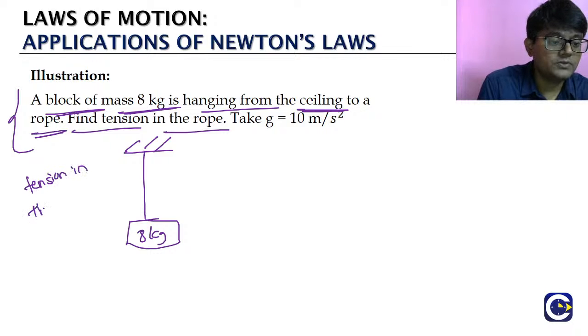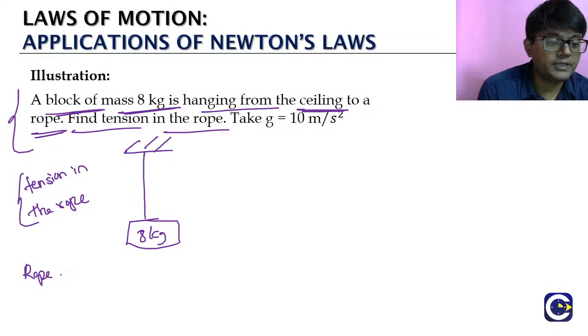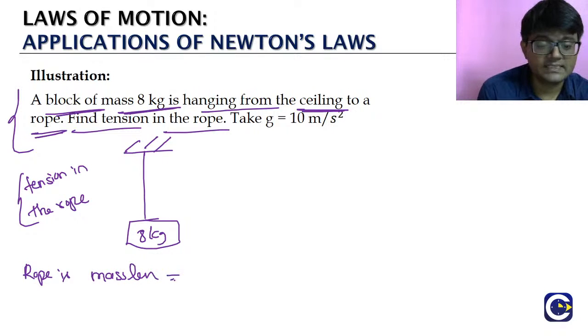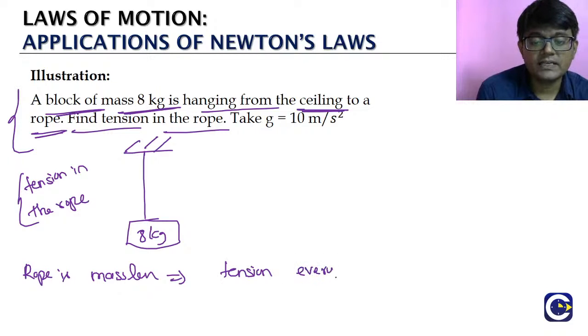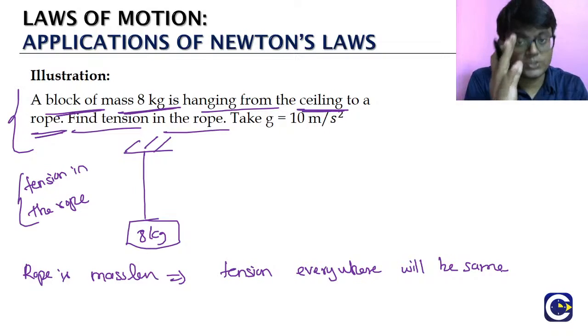So remember, when we talked about the rope assumptions, we said that if the rope is assumed as massless, then the tension everywhere will be the same if the rope is on its own.